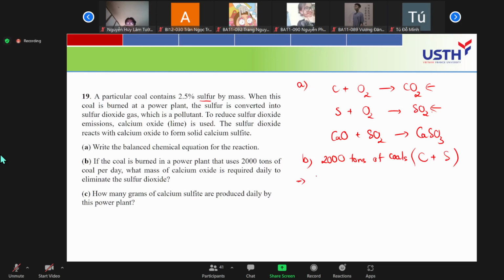So you can calculate the mass of sulfur equal to 2,000 multiplied by 2.5 over 100%, and you get around 50 tons of sulfur.